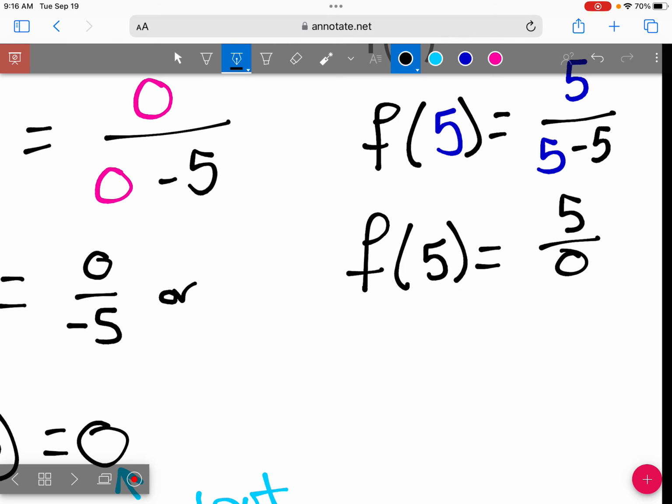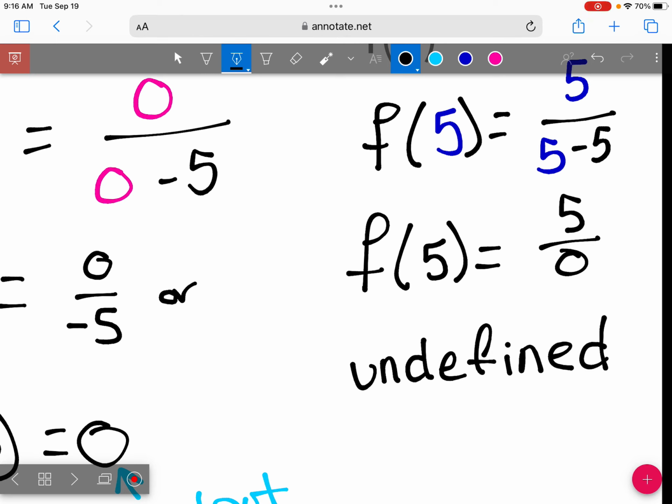Undefined. We cannot do that. It is undefined when x is 5. That's what happens when I write and try to talk at the same time. F of 5 is undefined. Okay?